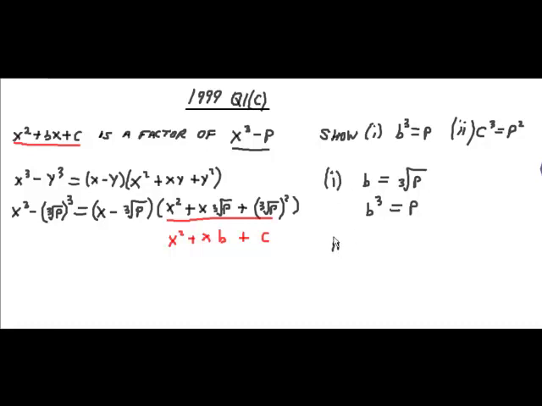And part 2, again by corresponding we see that c is equal to the cubed root of p, squared. And we can rewrite that for a second as, I suppose, cube root of p is p to the power of a third.